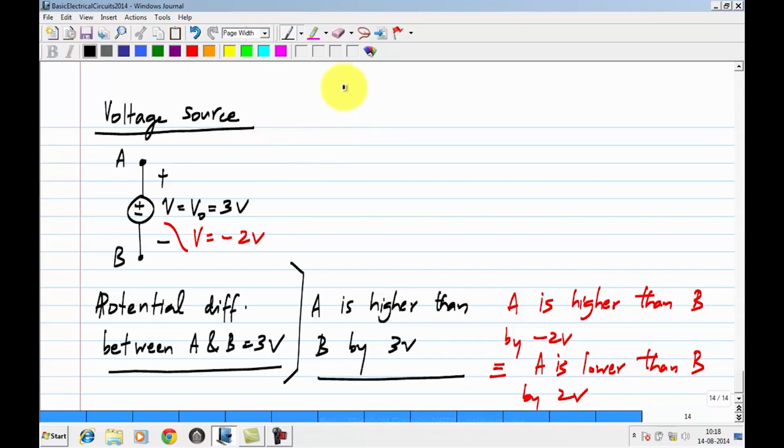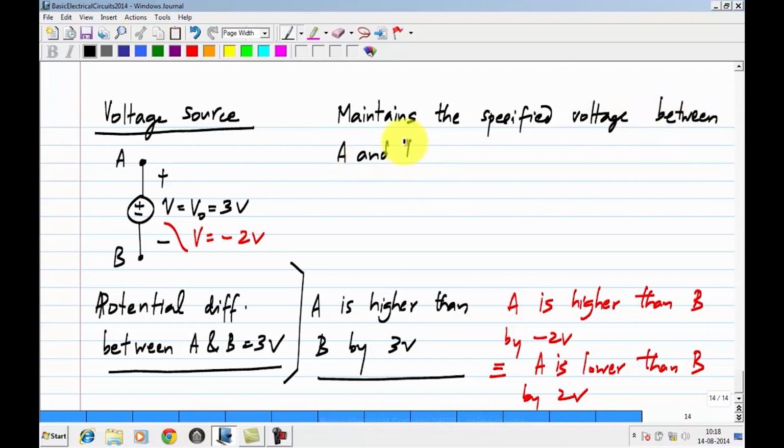And the property of a voltage source is that it maintains the specified voltage between A and B regardless of the current flowing through it.